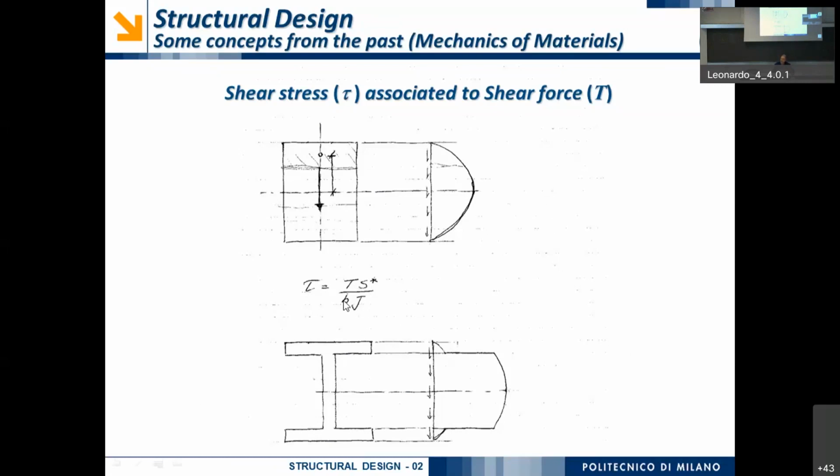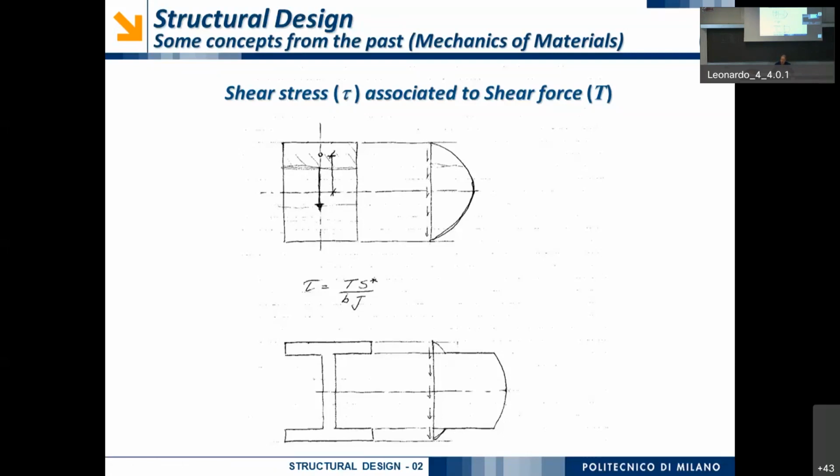Afterwards, I have b. b is the length of this part of the cross section. And afterwards, I have J, or I, which is the moment of inertia. Okay, let's try to understand the meaning of S star and b.